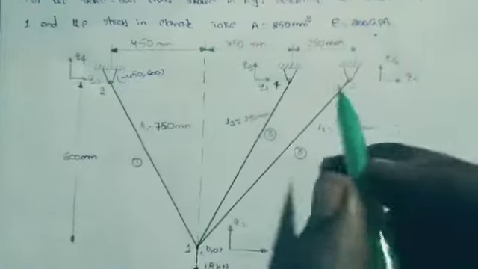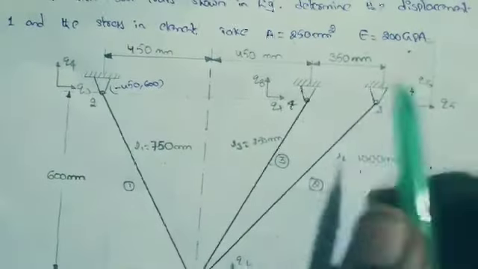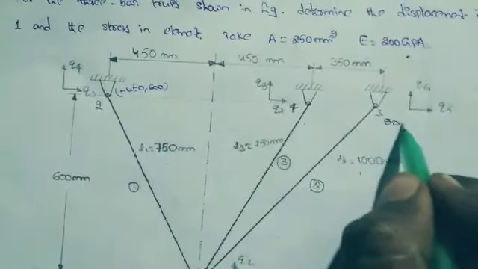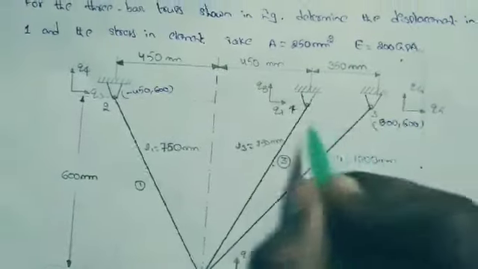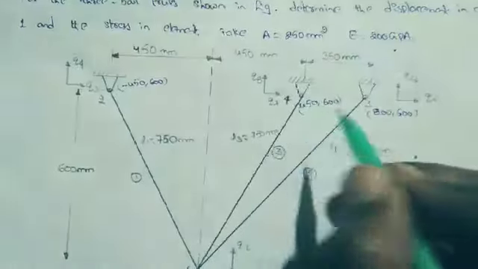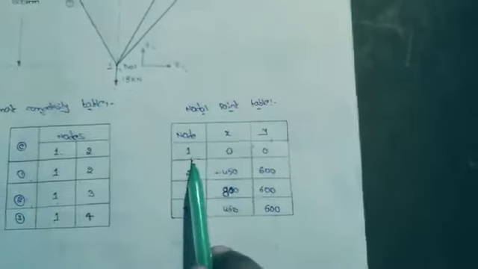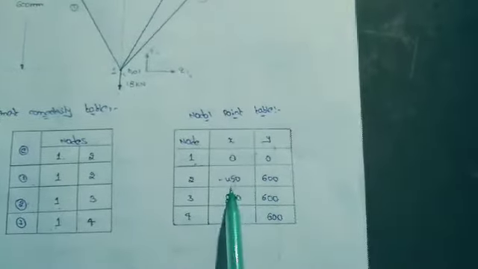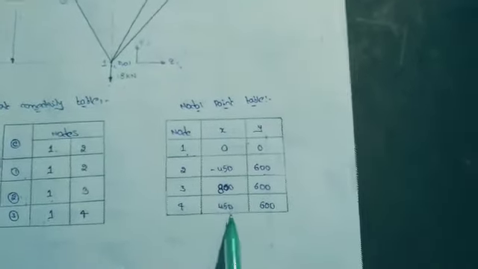Here the horizontal distance is 450 plus 350, total 800, comma 600. Similarly here 450 comma 600. These are the coordinates of each node. First node 0 comma 0, second node minus 450 comma 600, third node 800 comma 600, fourth node 450 comma 600.